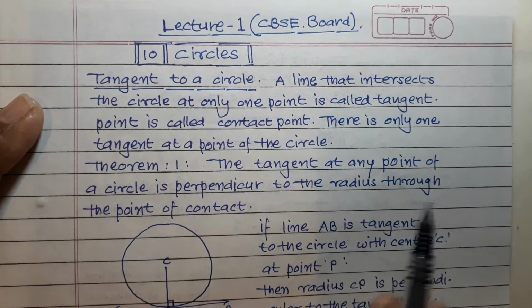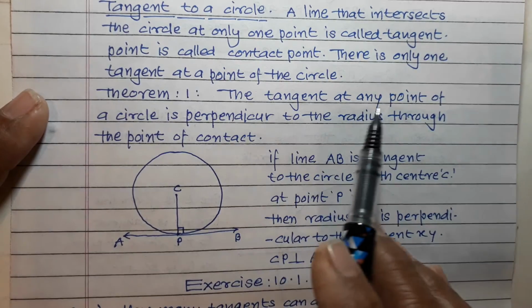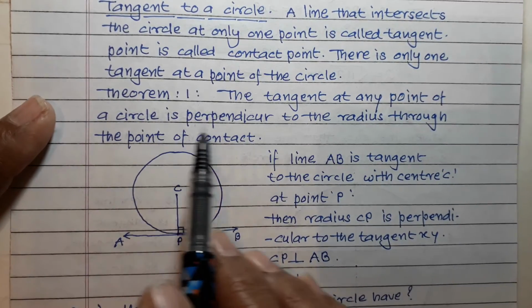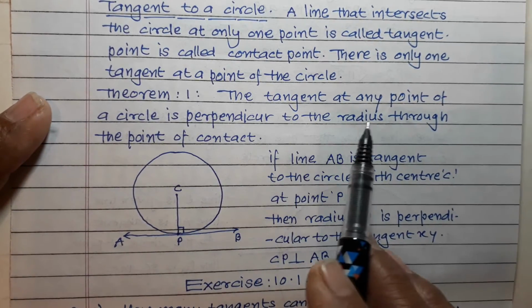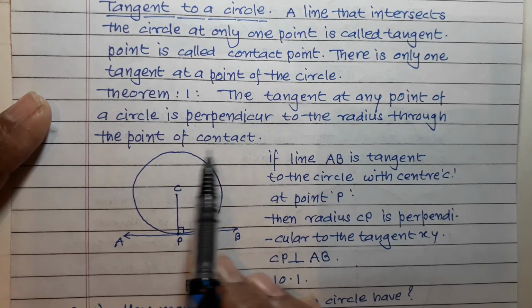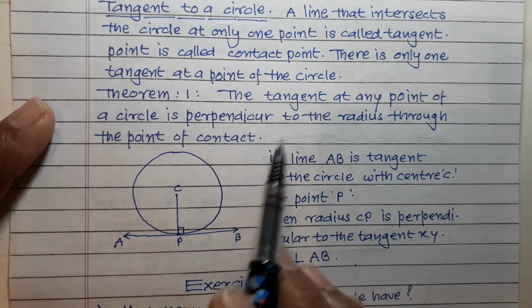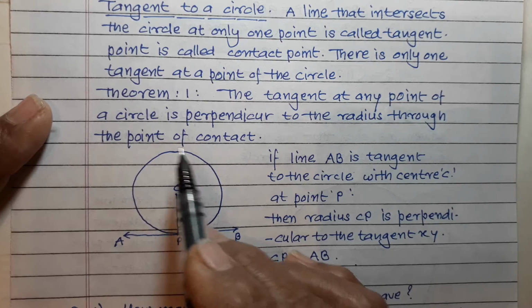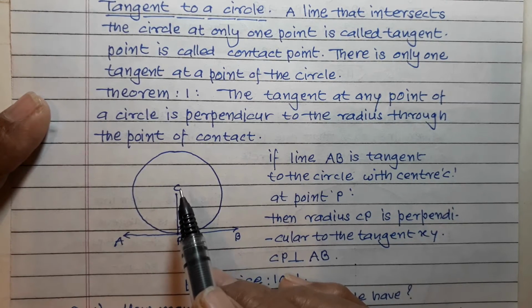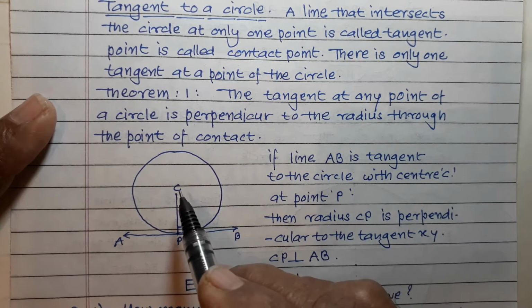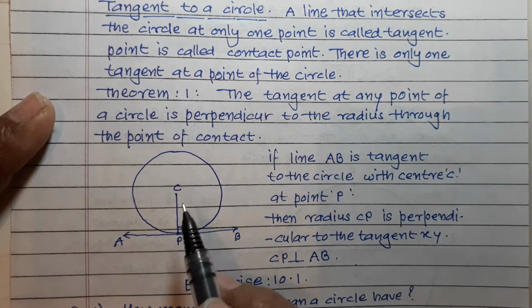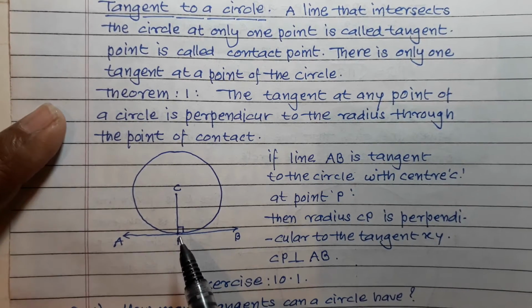Theorem number 1. The tangent at any point of a circle is perpendicular to the radius through the point of contact. That means, suppose this is a circle with center O and OP is a radius of the circle.